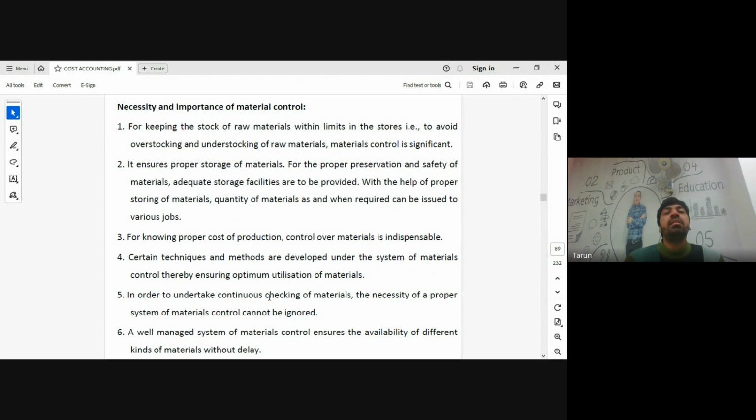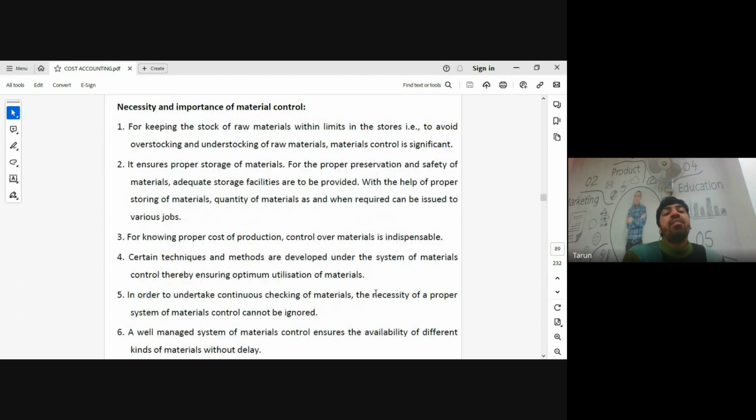The next importance and necessity is to undertake continuous checking of materials on a continuous basis. It is very important that a proper system of materials control cannot be ignored. So it is very important to have proper control when you are checking the materials on a continuous basis.